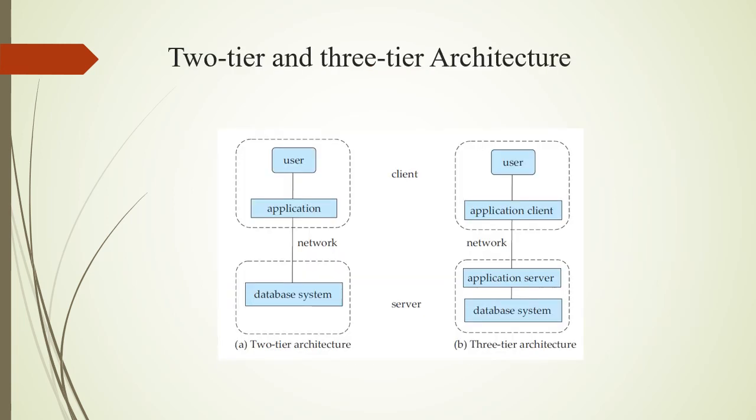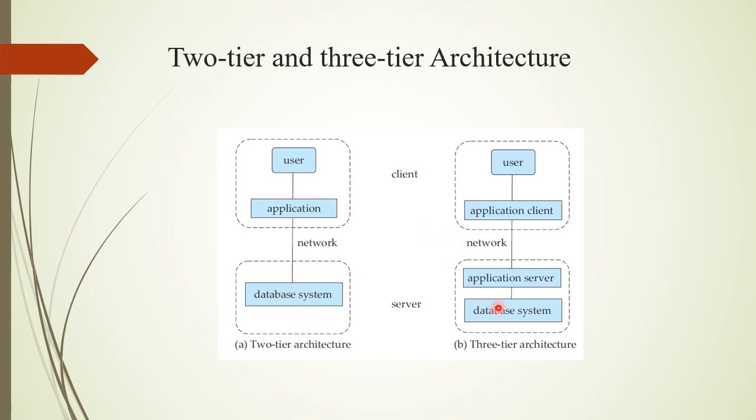So these are the diagrams of two-tier and three-tier architecture. Now this and this are the clients, and this is a server, and this is a server as well. Now in the two-tier architecture, the user interacts with the application, and the application directly interacts with the database system on the server.